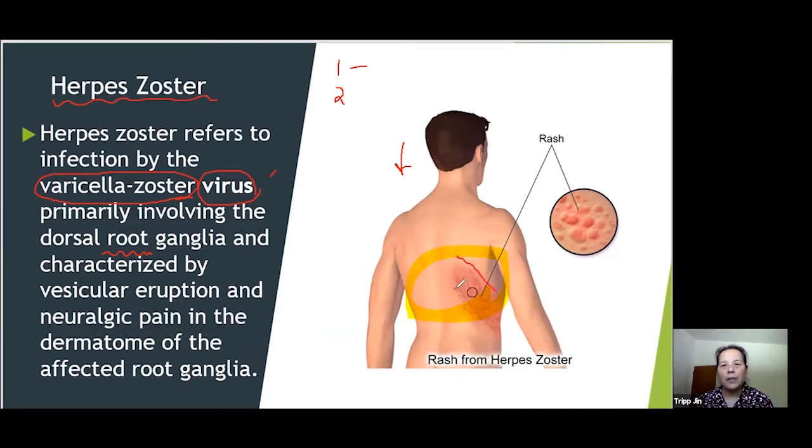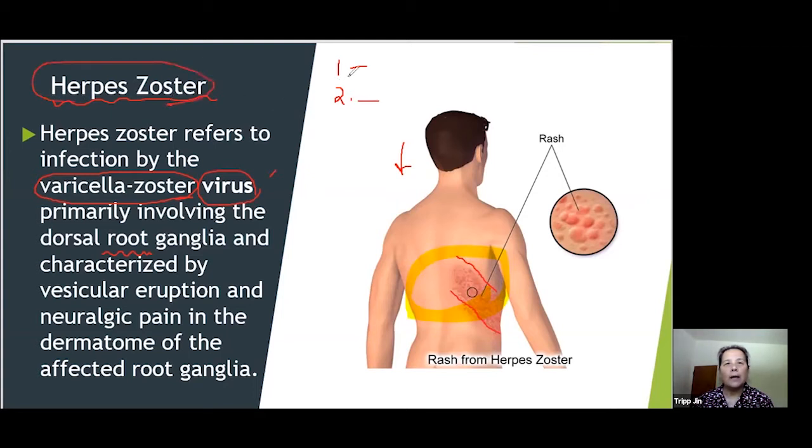Like in this picture here, you can see some red skin rash following the rib, causing blisters there. That's the second infection we call herpes.